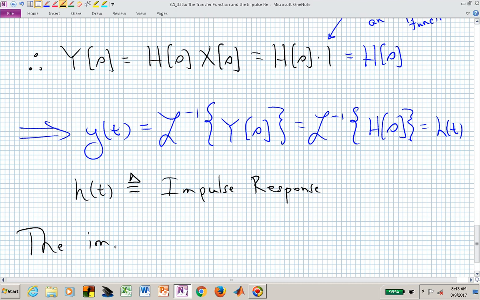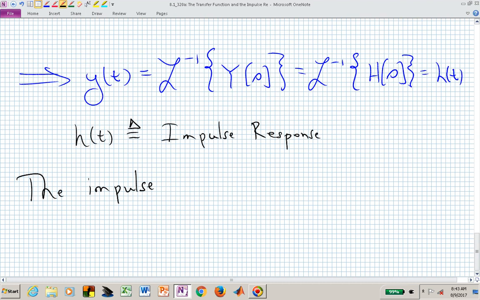The impulse response, what I want to do now is make a few comments as to what we are learning. The impulse response, that's how our system responds, which we are now labeling as little h of t.